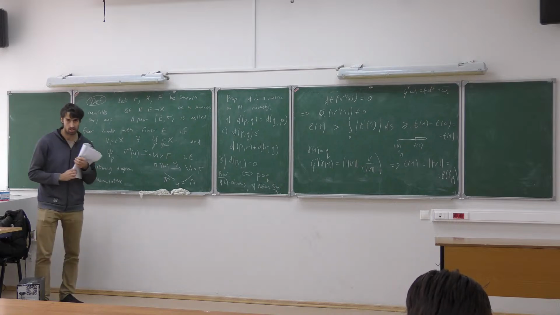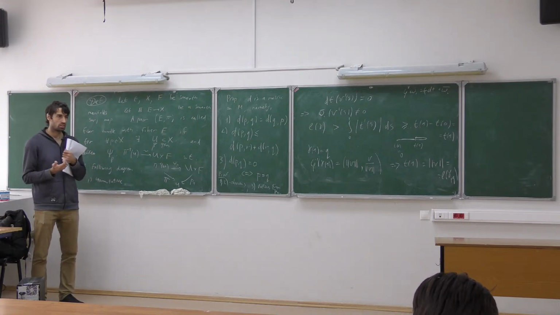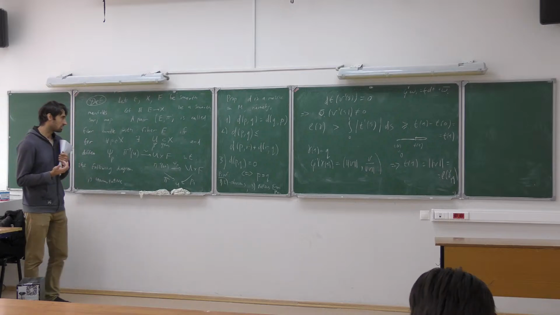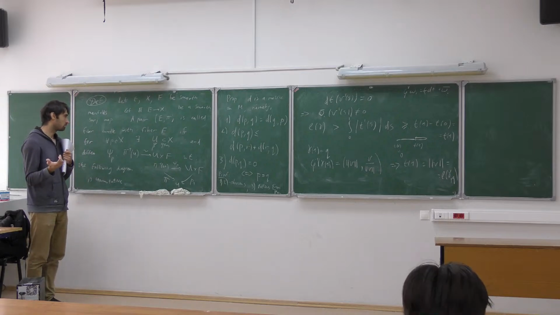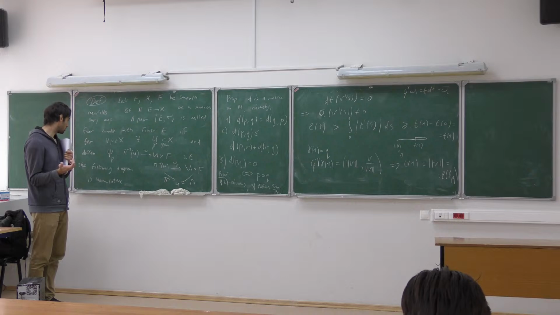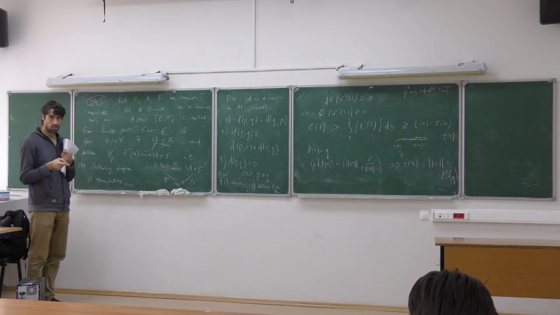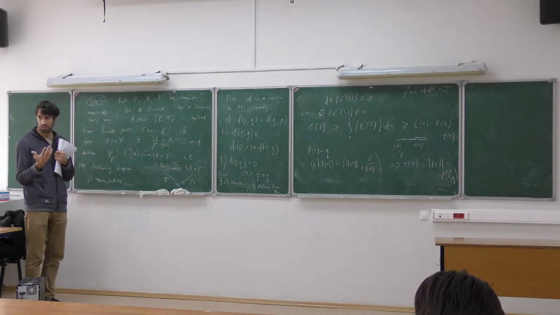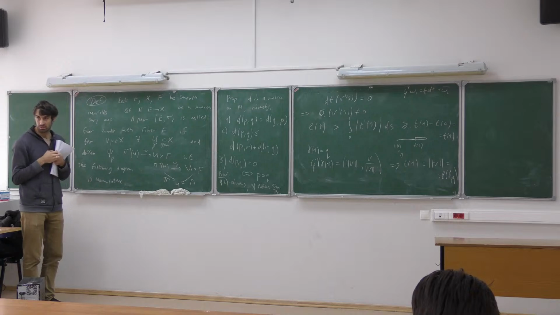Basically, this is a generalization of vector bundles, in the sense that a vector bundle is a fiber bundle where the fiber is a vector space, and you have more structure on a vector bundle, which is the linear structure on each fiber.